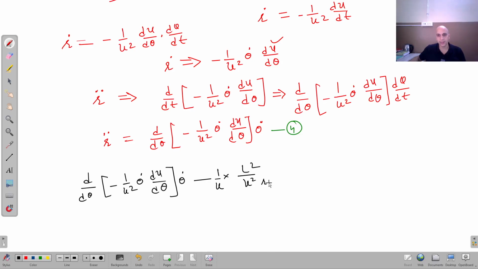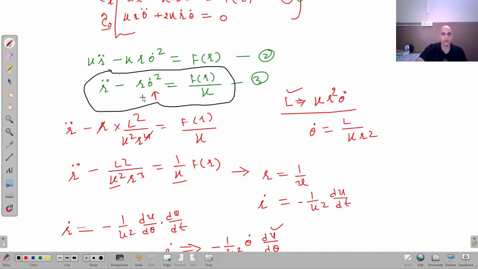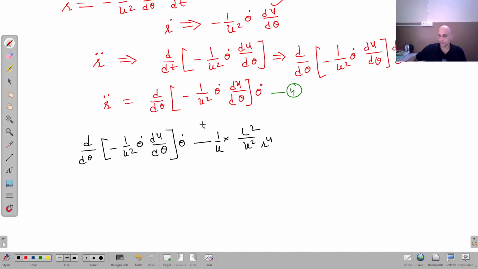So on the right hand side I have 1 upon mu f of r, so it becomes equal to 1 upon mu into f of 1 upon u now. Here r is 1 upon u, so r power 4 becomes 1 upon u power 4.